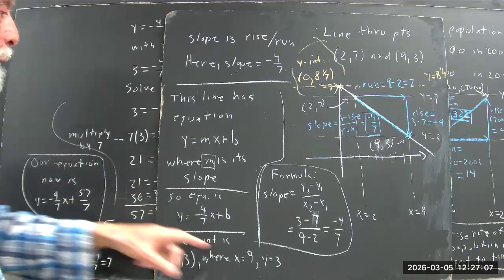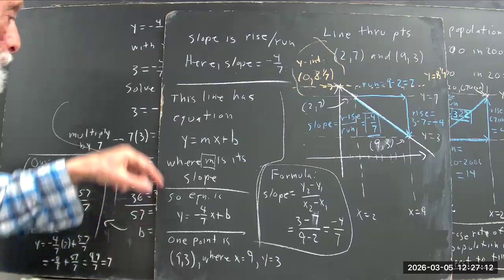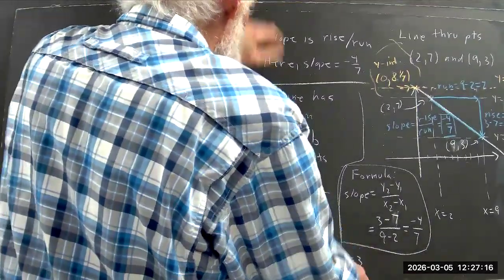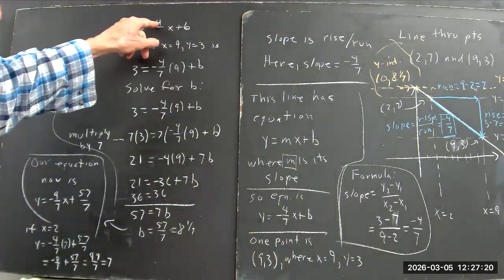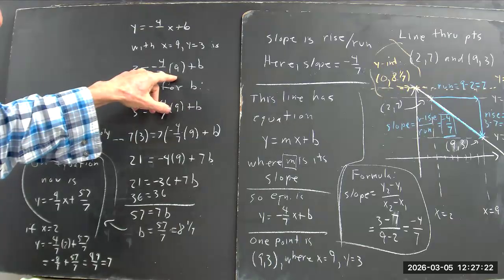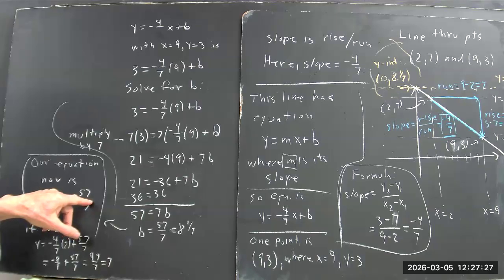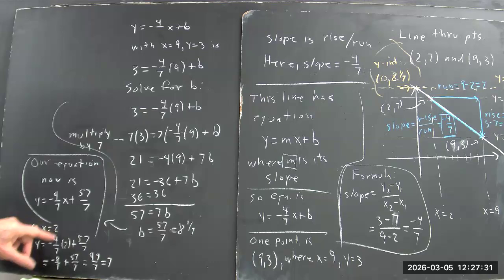Then we use the coordinates of one point or the other, plug them in, and get an equation that we can solve for b so that we can complete the equation. Plug those coordinates in, solve for b, and then write out our equation. Then use the other point, plug in the x coordinate of that point, and verify that you get the y coordinate.